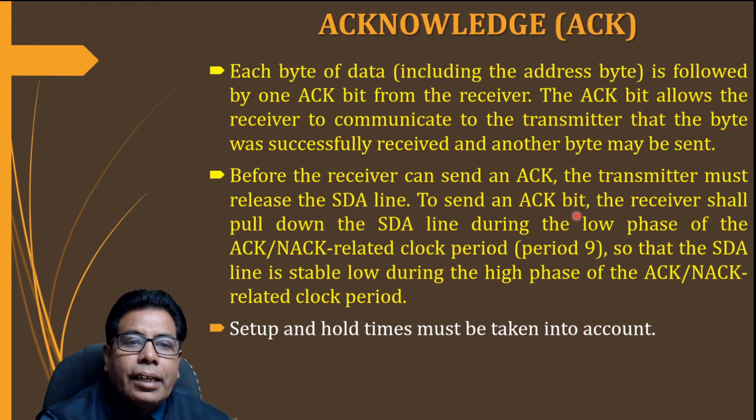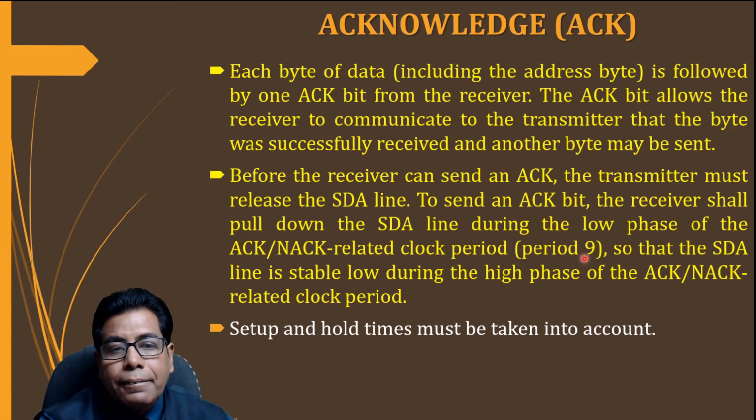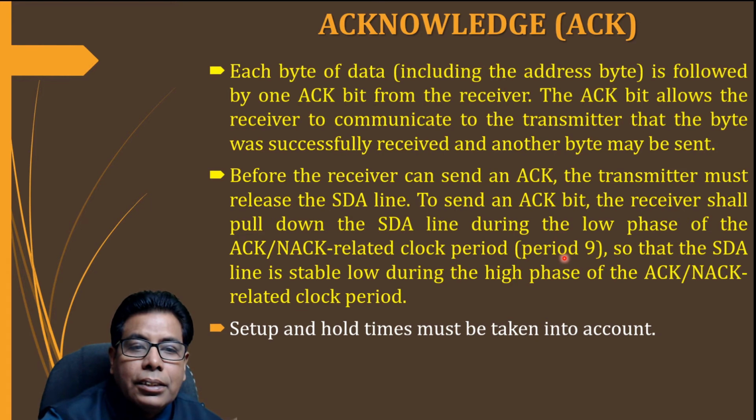To send an acknowledgement bit, the receiver shall pull down the SDA line during the low phase of the acknowledge, not acknowledge related clock period. So that is period 9. We have just seen the 9th pulse or period is the acknowledgement period. So it will pull down the SDA line so that the SDA line is stable low during the high phase of this acknowledge, not acknowledge related clock period.